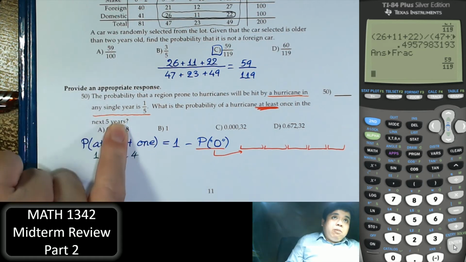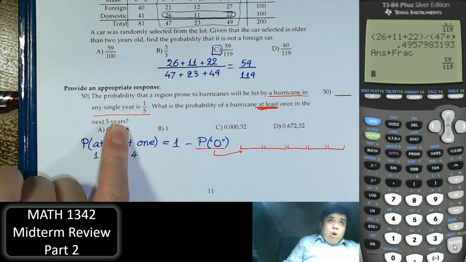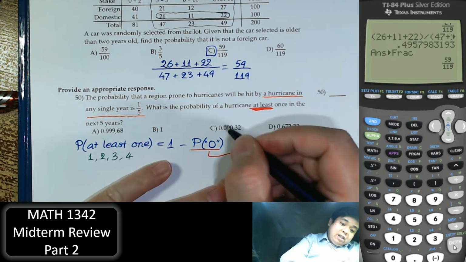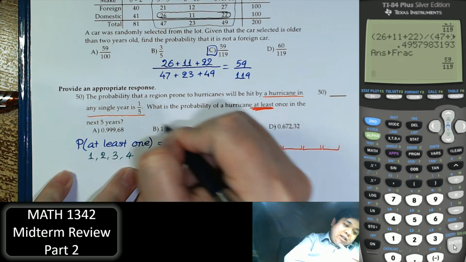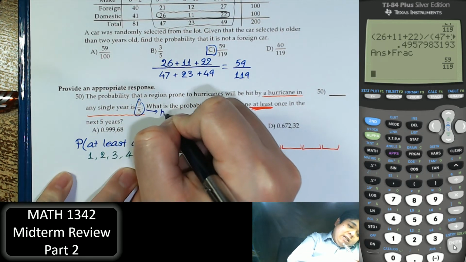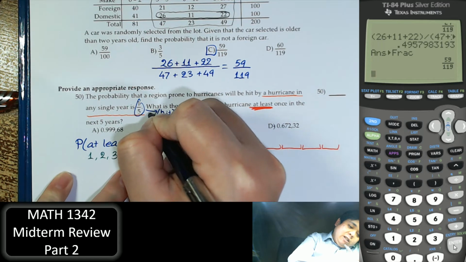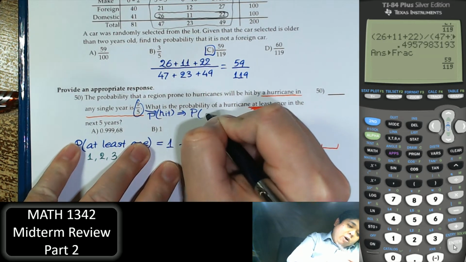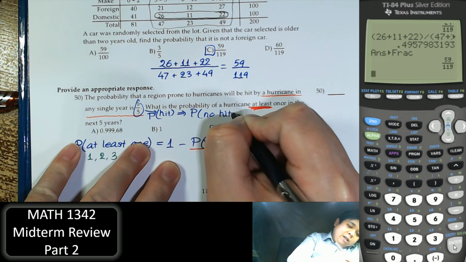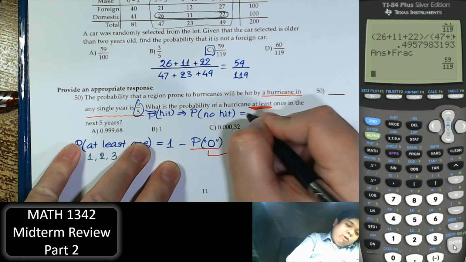The probability of getting hit is 1/5. The probability of no hit is the complement to that. So 1/5 is hit, so the probability of no hit is 1 minus that, so it's 4/5.